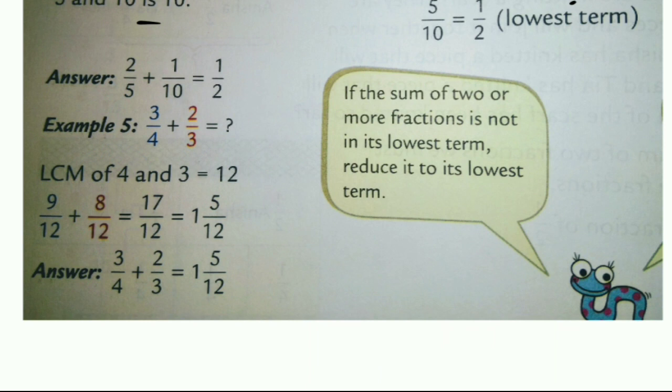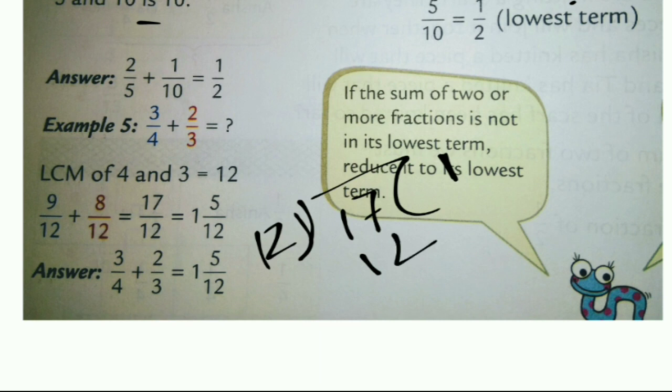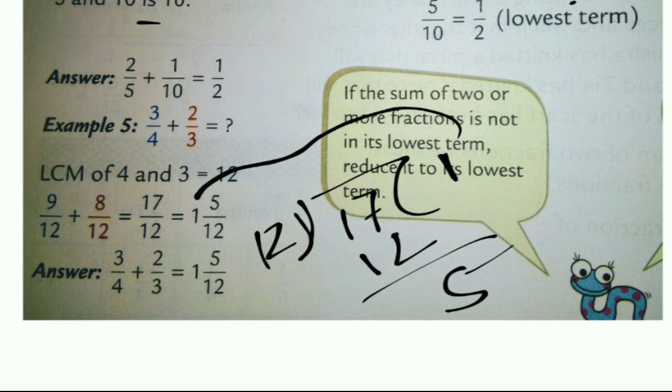See, 17 and 12. 12 goes into 17 one time, and 5 remains. So this 1 will go to the whole number place, and this remainder will go to the numerator place, and this 12 remains the same. So the answer is 1 5 by 12.